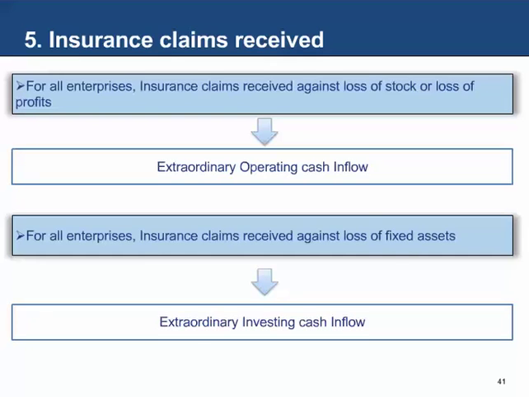However, in case of loss of fixed assets due to, say, fire, since any changes in fixed assets are classified as investing cash flows, the insurance claims received on them would be classified as investing cash inflow. Because insurance claims are related to events which are not in the ordinary course of business, these are generally classified as extraordinary.